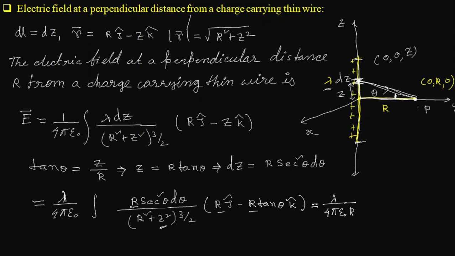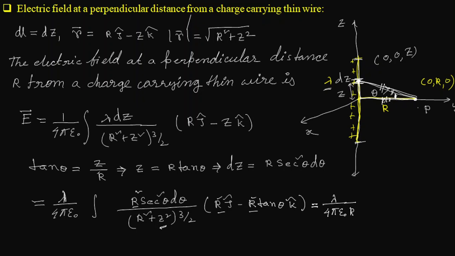When we multiply r in the numerator, we have already one r here, another r taken common from here, and now we multiply with another r, so that will give r cube. So r cube means this length cube, and under root of r square plus z square cube means this length cube. So this will give the cube of the ratio of these two lengths.